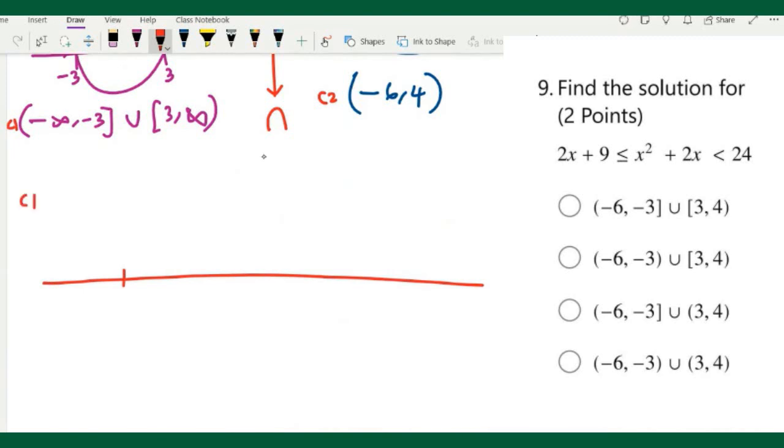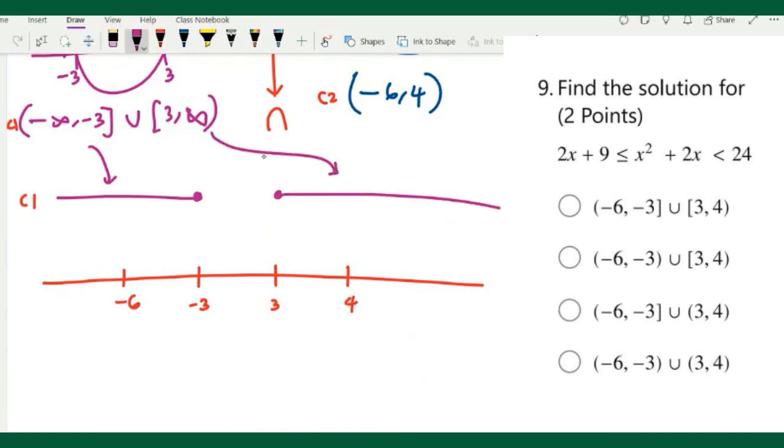Case 1, okay, x kita negative 3, negative 6, negative 3, 3 and 4. Okay. So case 1 from negative 3 to the left ni, and then 3 to the right. Okay. Satu case ni mesti sebaris lah. Sebab dia mewakili jawapan bagi case 1.